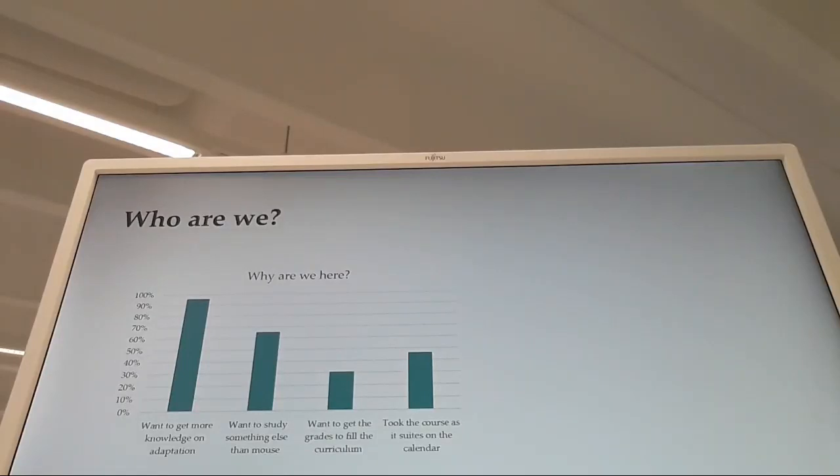The good thing is that in mice or human physiology we have very nice courses available online, but not so many on environmental adaptation. It was also good to notice that about a third of you are here to get the grades to fill the curriculum. And okay, that's an honest way to think.